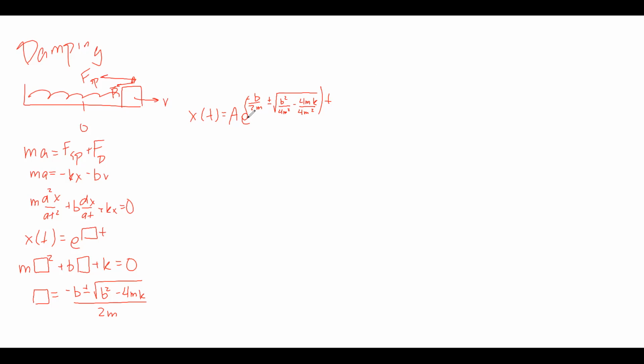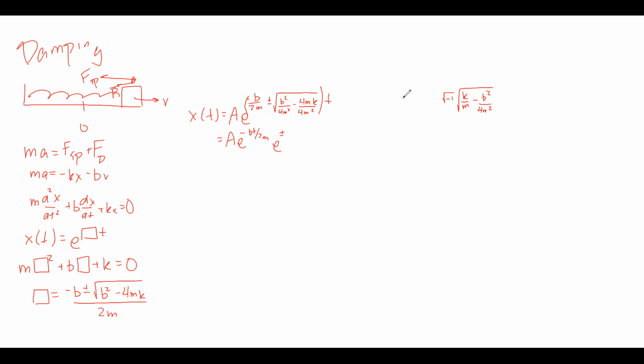First of all, when you take the exponential of a sum, you can factor it, so you get A times e to the negative bt over 2m times e to the plus or minus square root of that thing, from which I'm going to pull out a negative sign for reasons that'll become clear in a minute. If I pull out a negative sign, it's like the square root of minus 1 times the square root of k over m minus b squared over 4m squared.